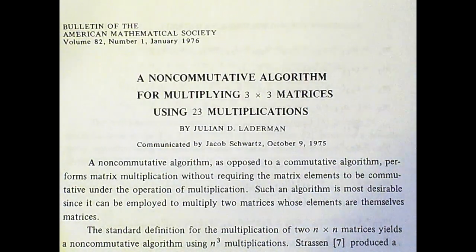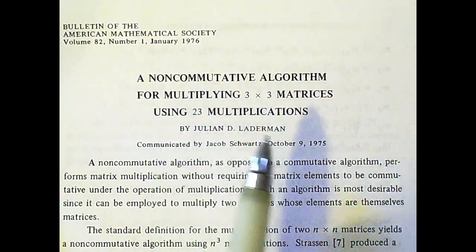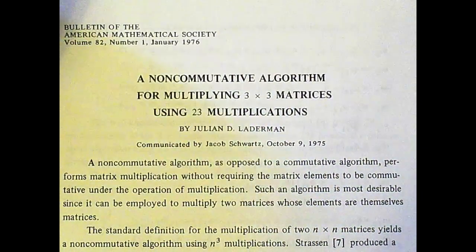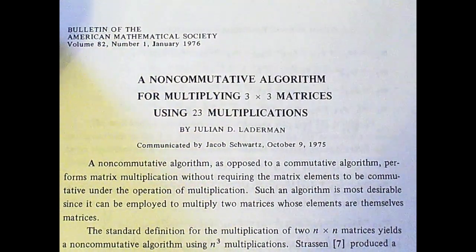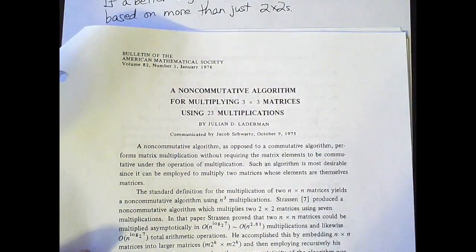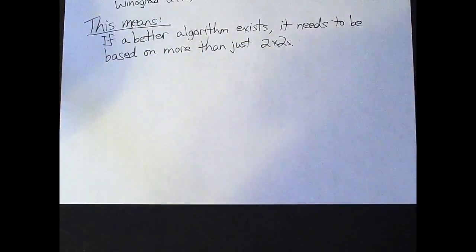Hopcroft and Kerr proved in 1971 that if you wanted a better algorithm, you'd have to look at more than just 2x2. Laderman's algorithm from 1975 is an algorithm for the 3x3 case. I've also posted this paper along with Strassen's method, where I usually post PDFs. Let's talk about Laderman's method.